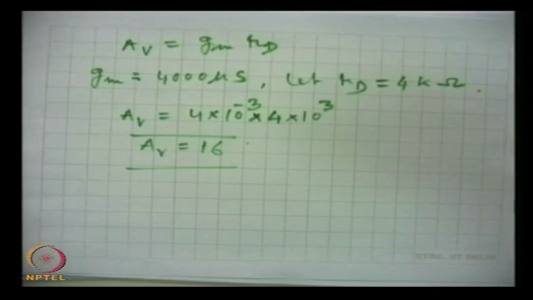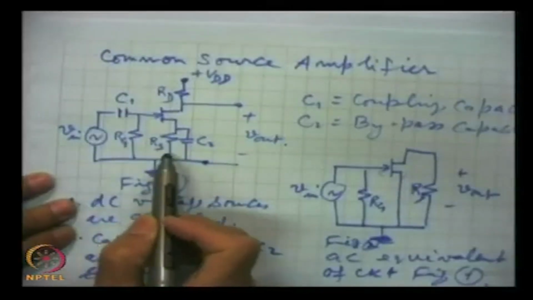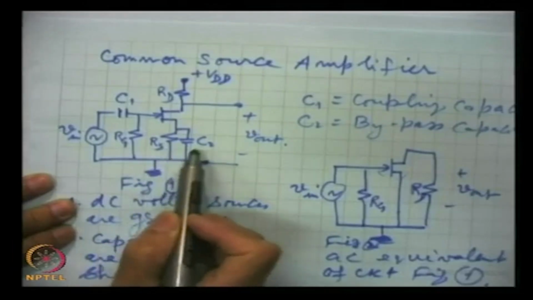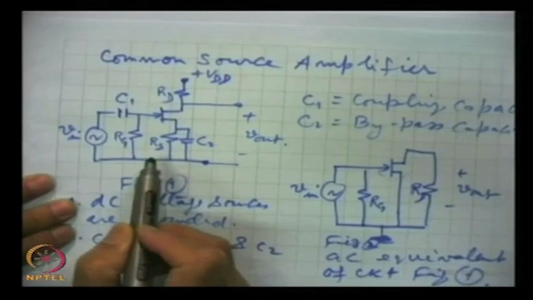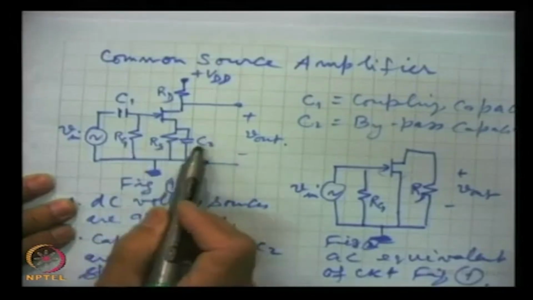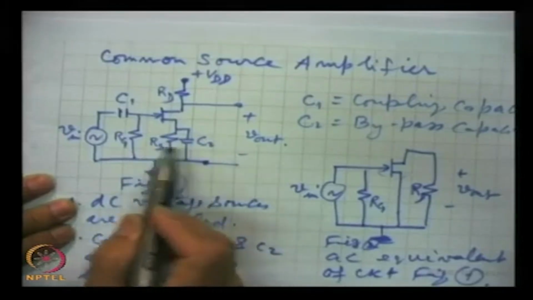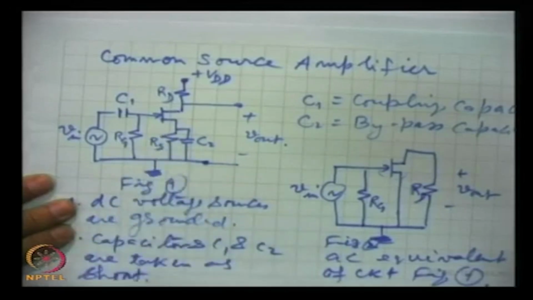This is a simple expression which expresses the voltage gain of the amplifier. Now, in the circuit we have taken that RS is bypassed by the bypass capacitor C2. In certain circuits we don't bypass this resistance RS.